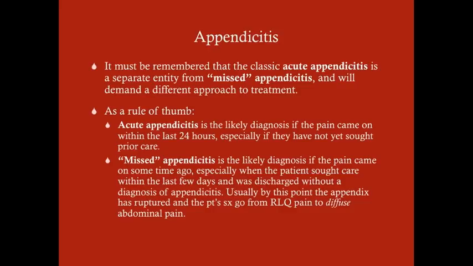So acute appendicitis is usually the person who's coming in with a right lower quadrant pain, and they haven't been in before. This is something that's very recent, within the last several hours.